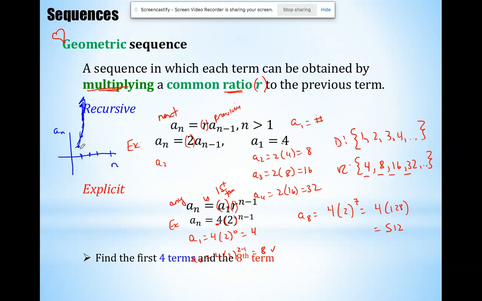Swoosh! I hope you're not surprised. Right? Exponential. Swoosh. What is the limit of an exponential function where your base is greater than 1? Infinity.